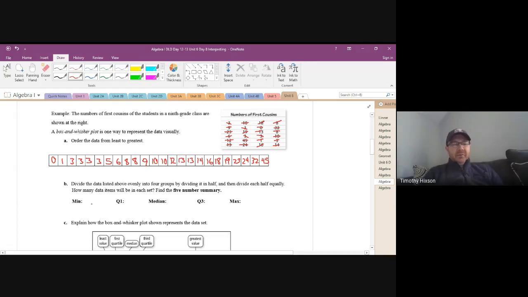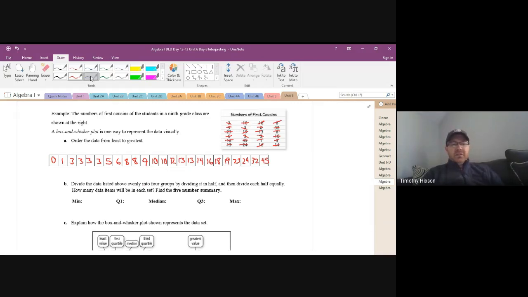Now, if I'm going to try to find the 5-number summary, really what we're doing, we're cutting it into 4 groups, remember, and we're going to divide it in half by finding the median, and then divide each of those halves in half by finding the quartiles, the first and third quartile. Okay?